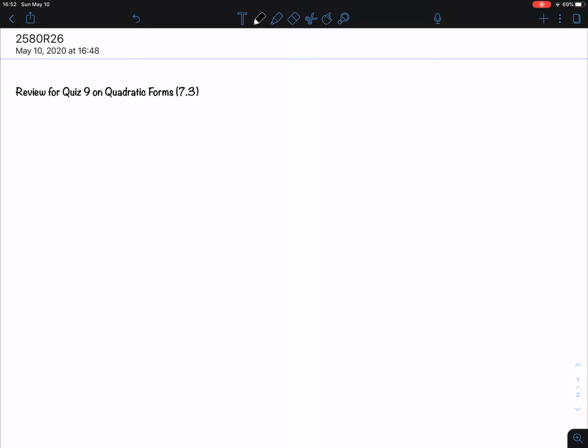Let's now look at this particular example, and I want to look at the following quadratic form. We have 3x1 squared plus 2x1x2 plus 2x1x3 plus 4 times x2x3, and that's it.